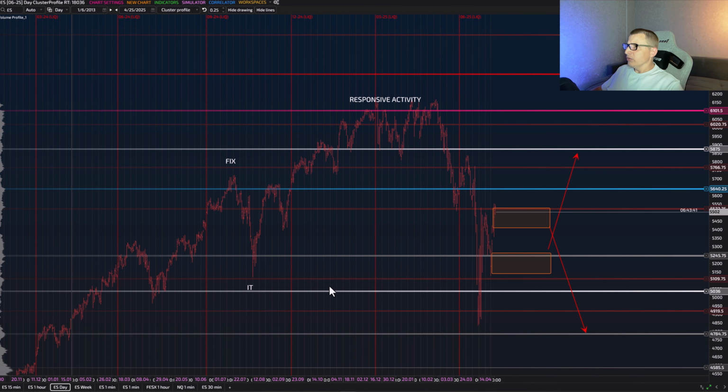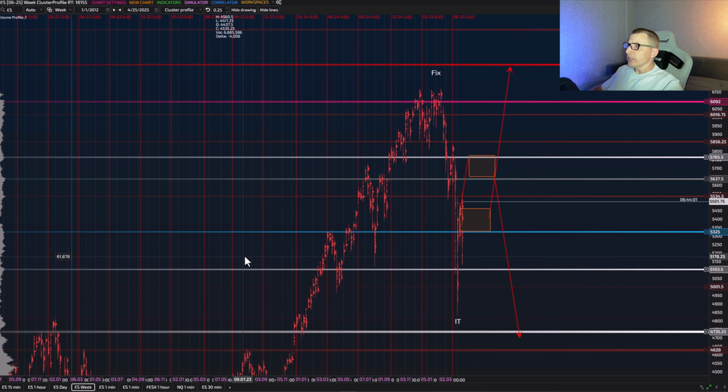And let me show you daily time frame. Here we have a responsive activity. This is the main factor for sell right now, and we keep this in mind. We always remember what is happening on the higher time frames because the context is very important when day trading. All right. On a weekly time frame, we have a fix, but fix alone can't be a factor for sell.